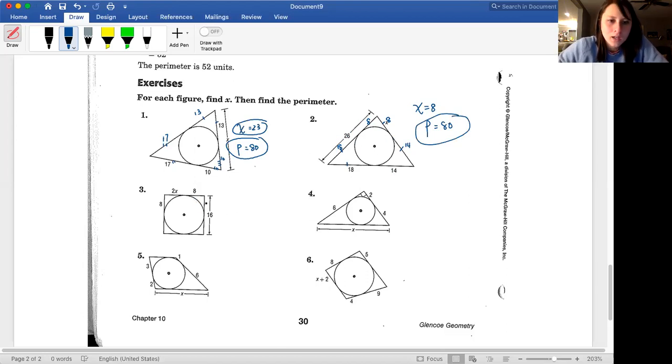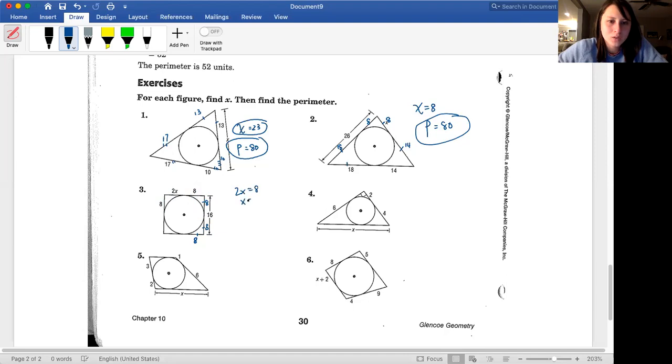Okay, same idea here. If this is 8, this would be 8. If this whole length is 16, this is 8, then this would be 8. And oh, this looks like a square. From what I can tell, if this is 8, 8, and this is 8, and then 2x equals 8, right? 2x equals 8.